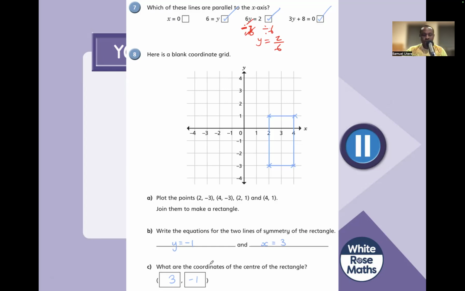Next, you are asked what are the coordinates of the center of the rectangle? So the center of the rectangle is right here. You can see to get to this point, we have to go along 3 and we have to go down -1.